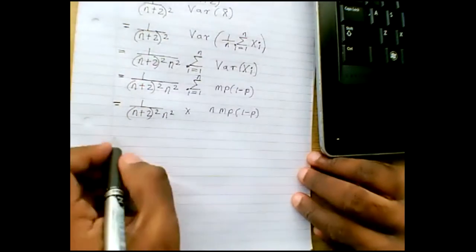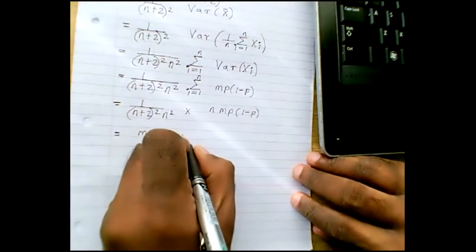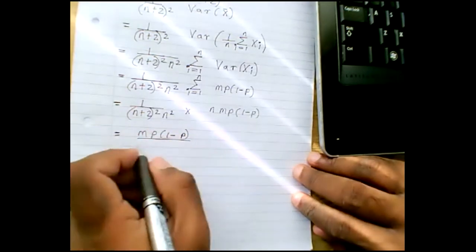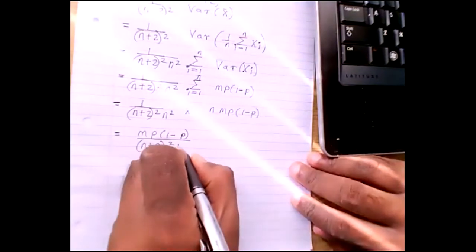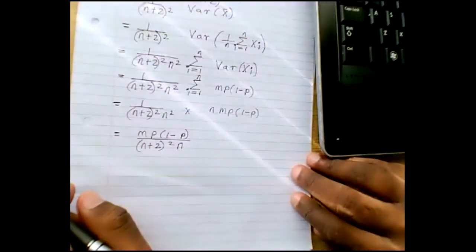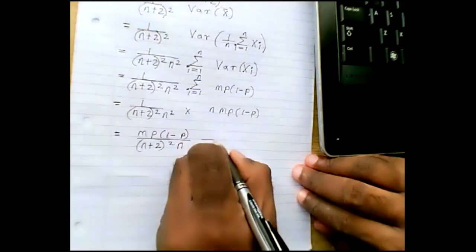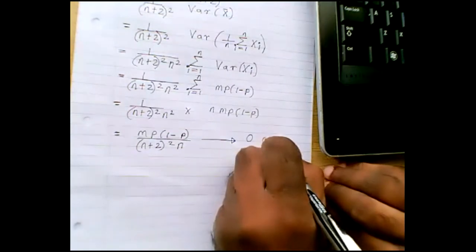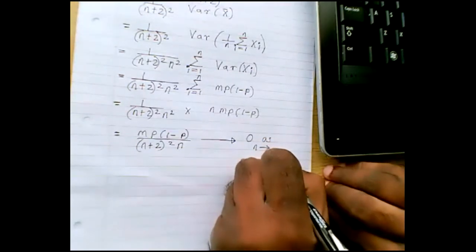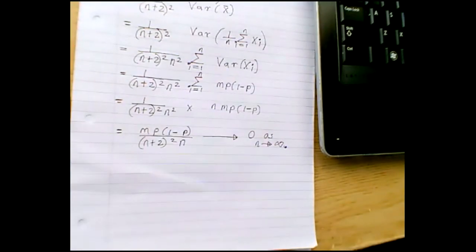So this becomes equal to np(1 minus p) divided by (n plus 2) squared times n. And as n approaches infinity, this approaches 0.